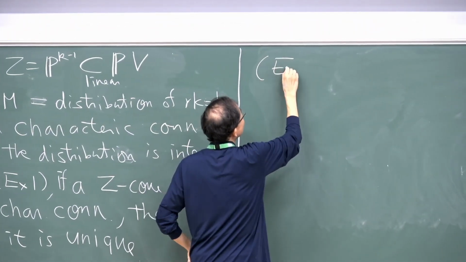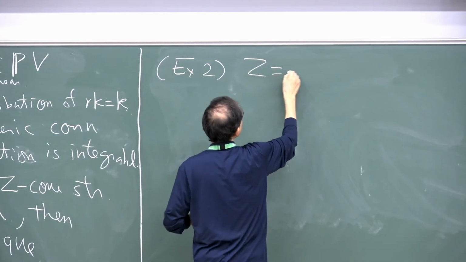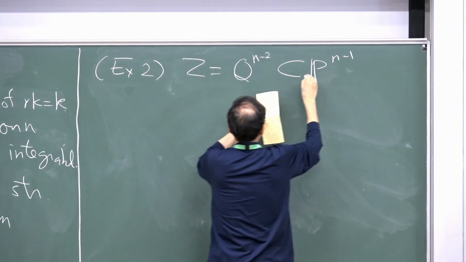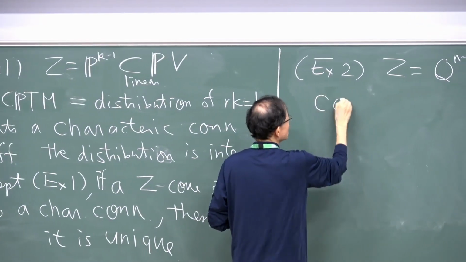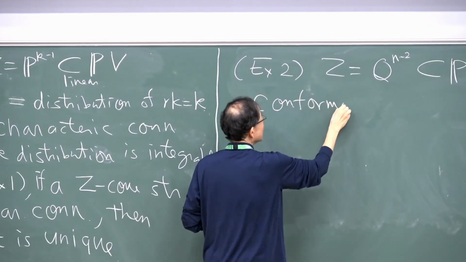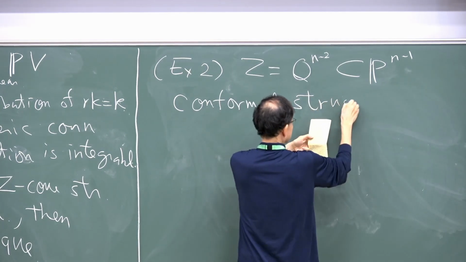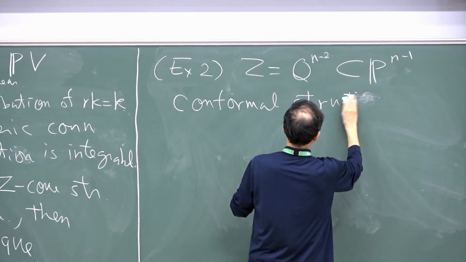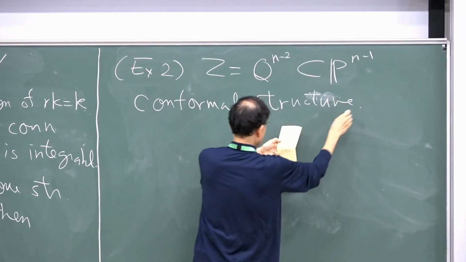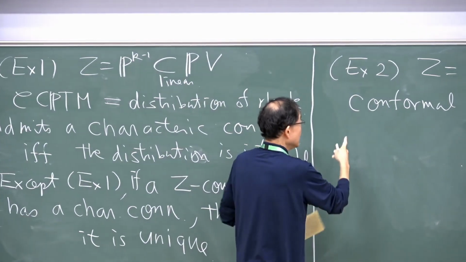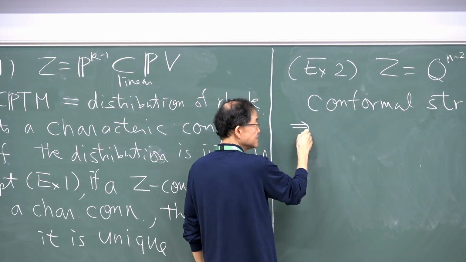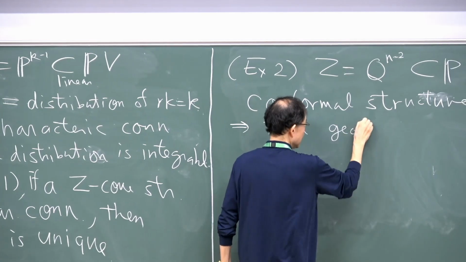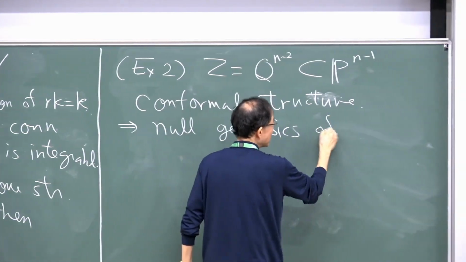And example 2, when Z is the projective quadric, then this is a conformal structure. In this case, the typical null geodesics of the Levi-Civita connection.